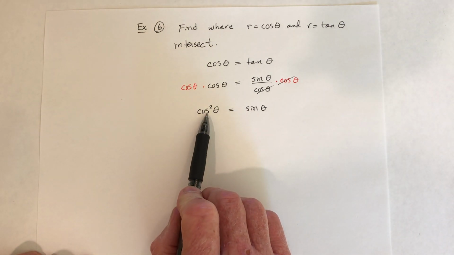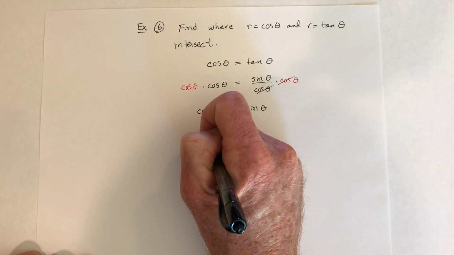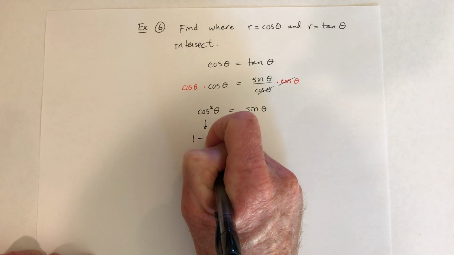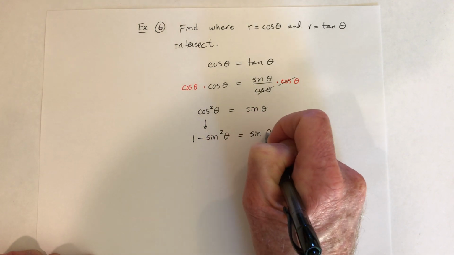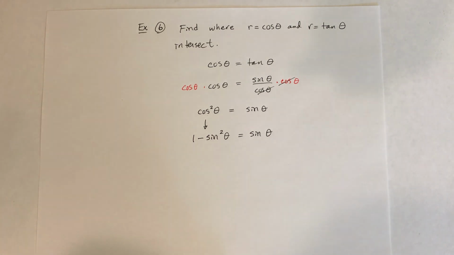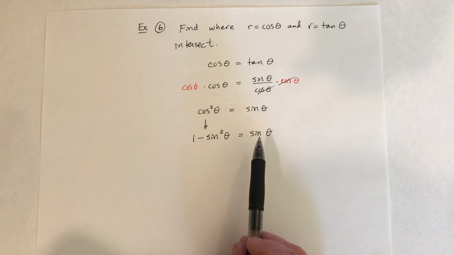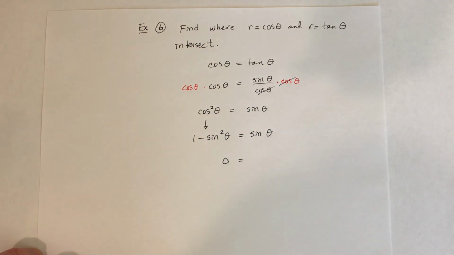Next, I need to get the trig functions to be the same. So I need the trig identity for cosine squared. The identity to use is cosine squared equals 1 minus sine squared theta. And then because I have one term that's squared, one term that's not squared, and a number, we probably need to use the quadratic formula.